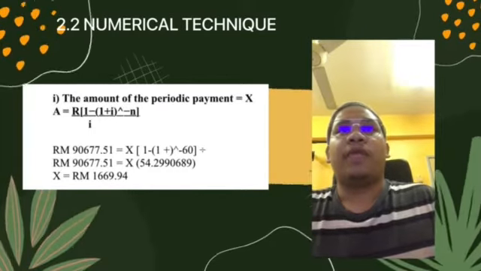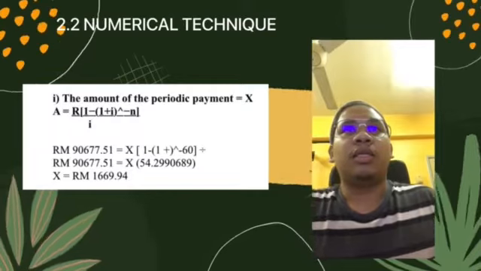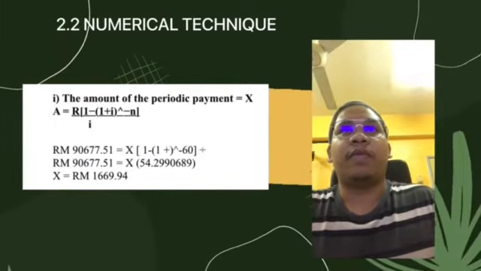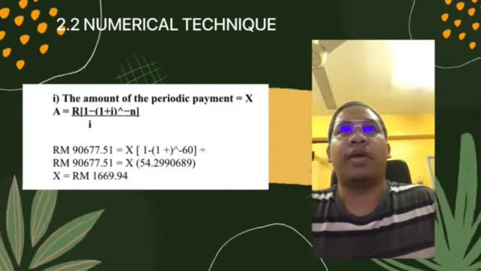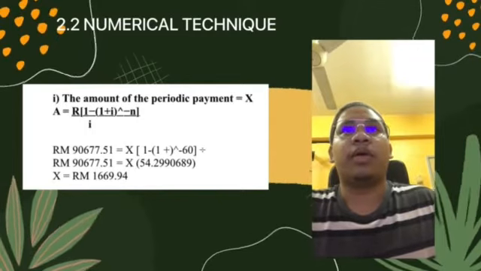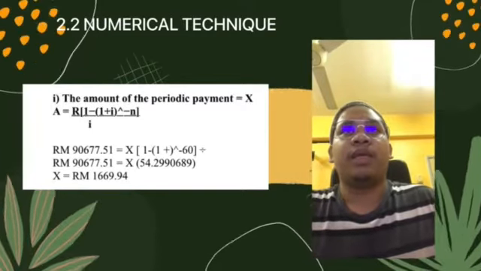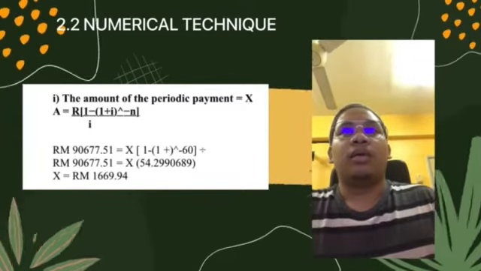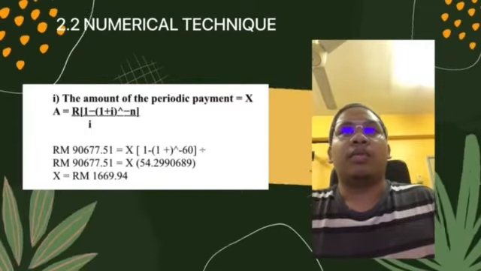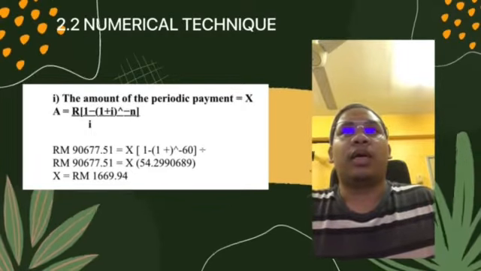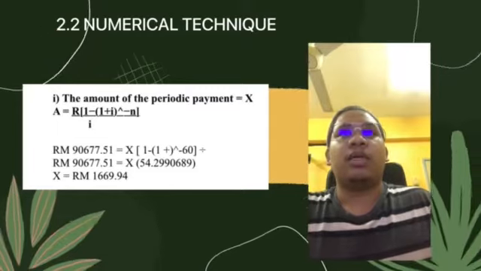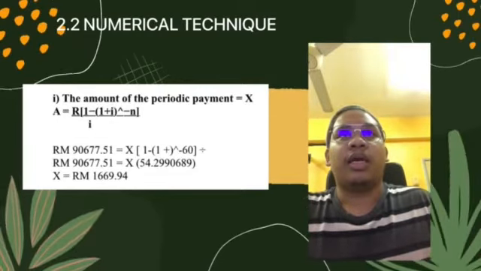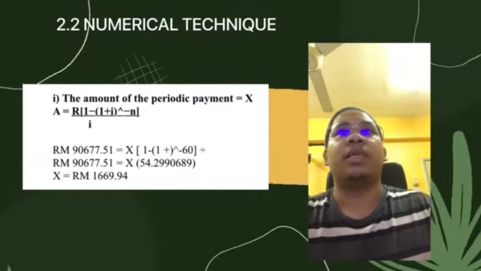Then we get 90,677 ringgit and 51 cent equals X times 54.2990689. We move the value in the bracket to the other side, so we get X equals 1,669 ringgit and 94 cent. That is the amount of periodic payment.